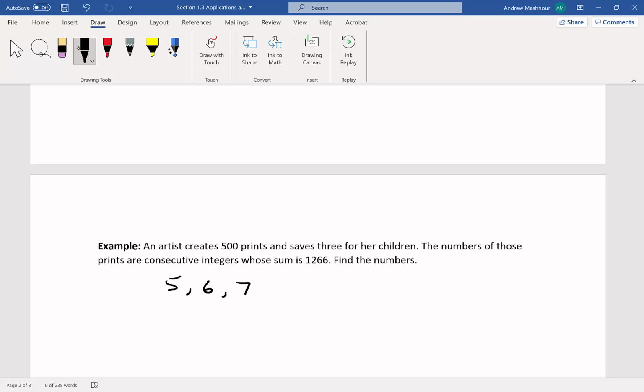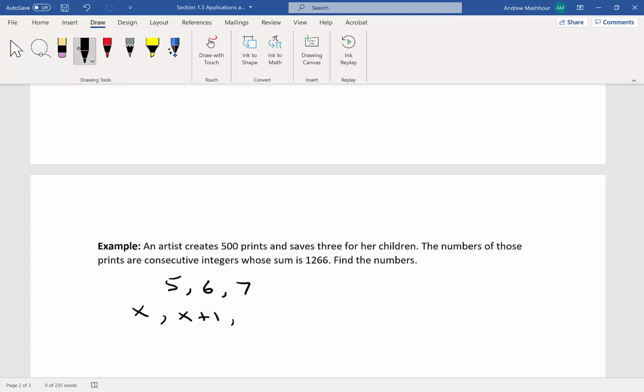Now, we don't know what the first integer is. Otherwise, we could just add 1 to it to give us the next one, and then add 1 again to give us the other one. So since we don't know what the first one is, you're going to let your first integer be x. To get to the next consecutive integer, for example from 5 to 6, I had to add 1. So my second consecutive integer would be x plus 1.